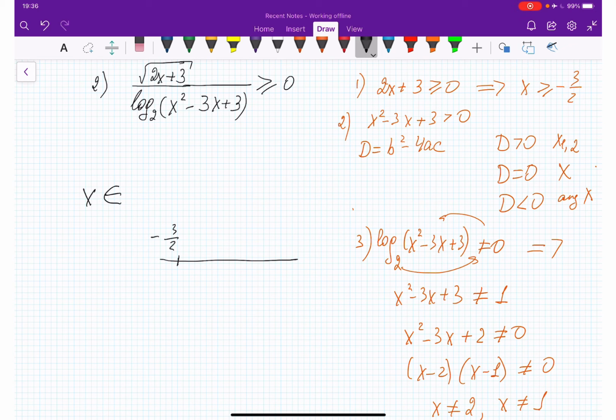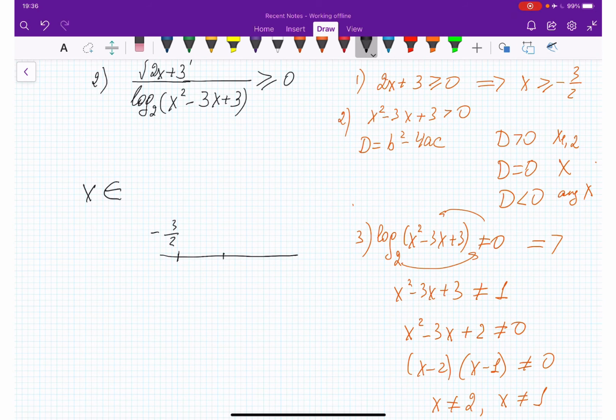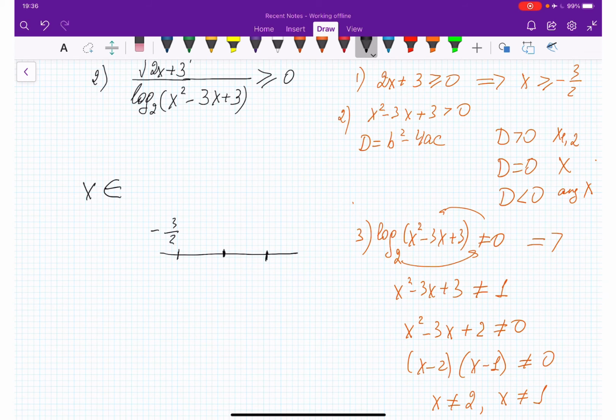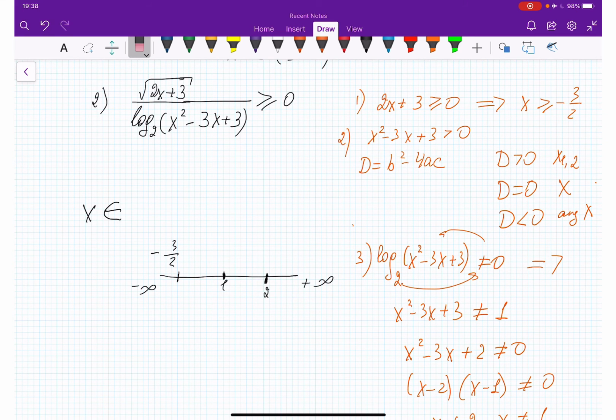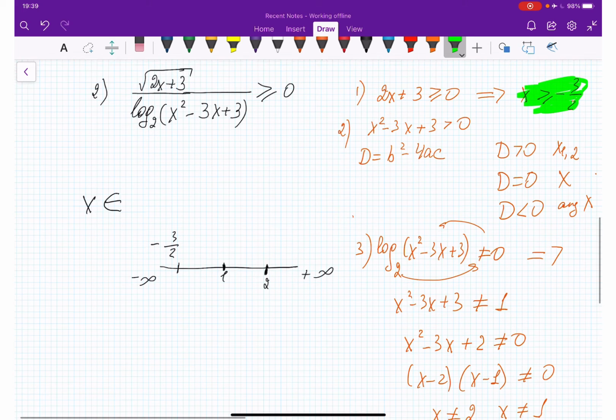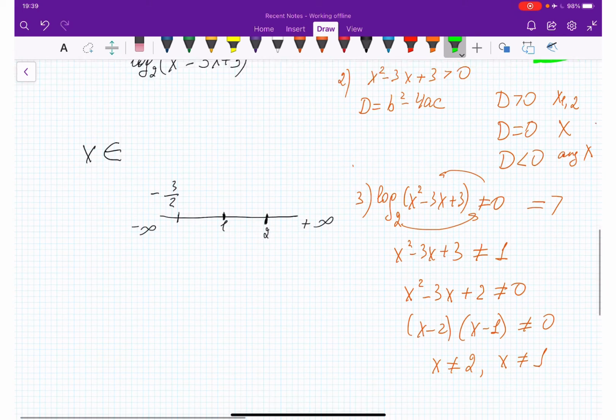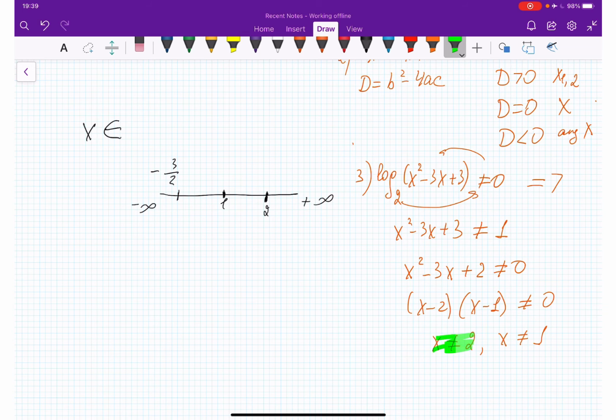Next, this is 1, this is 2, right? And this is negative infinity, and here is positive infinity. So it's breaking down into 3 intervals, yes? What are these 3 intervals? First one is x greater than negative 3/2, right? And then the next one is that x cannot be equal 1 and cannot be equal 2.